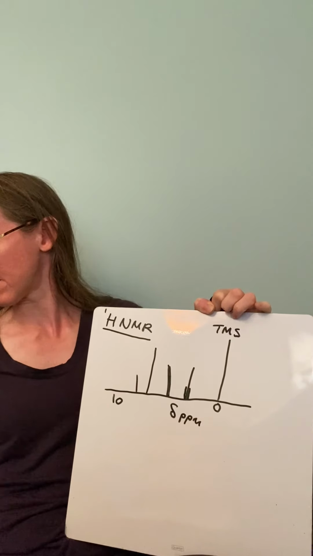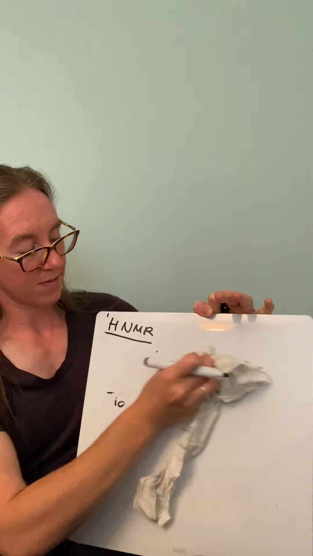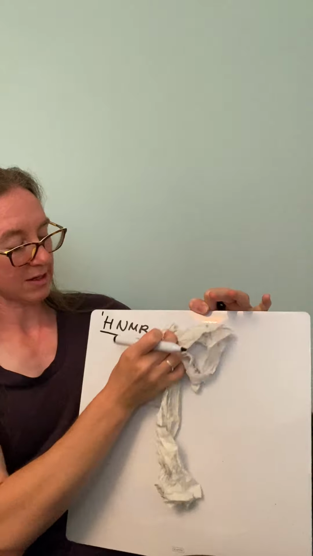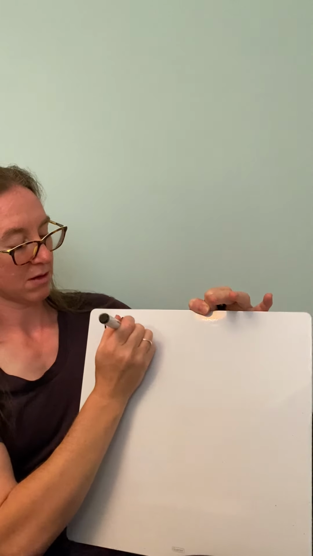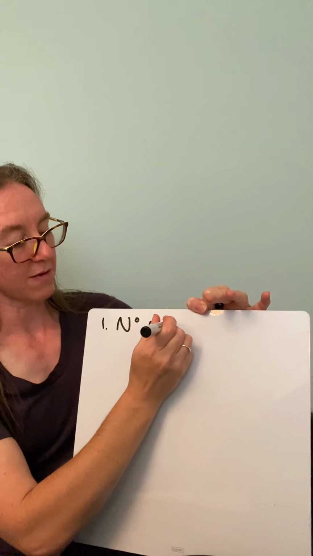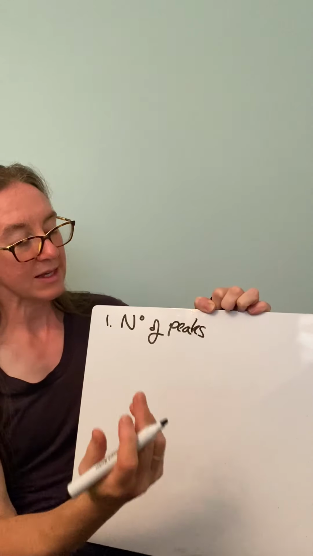So what can we find out from it? Actually, a lot. So there are 4 different things that we would look at. So the first thing, nice and straightforward, is we would look at the number of peaks, and that's easy to do.